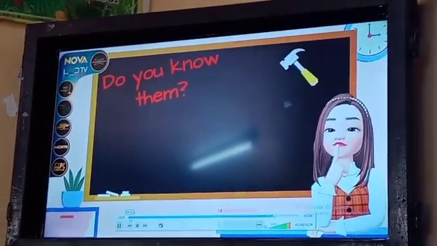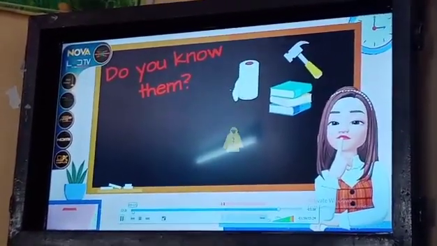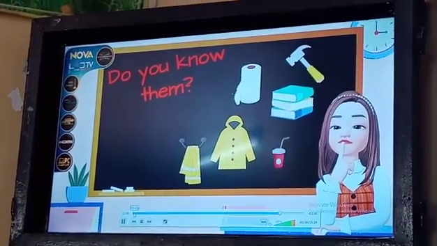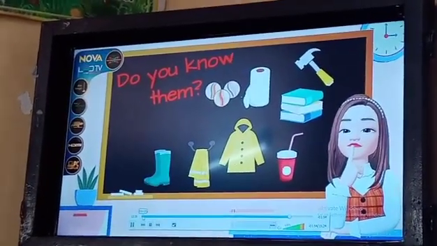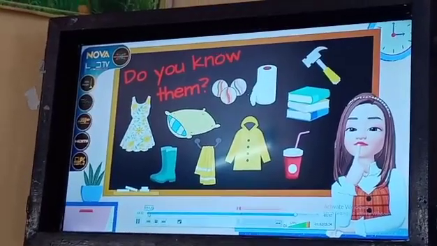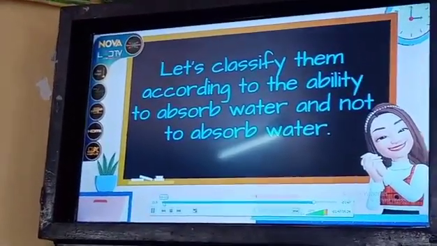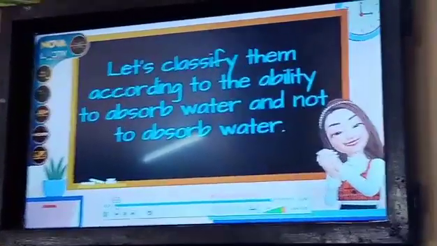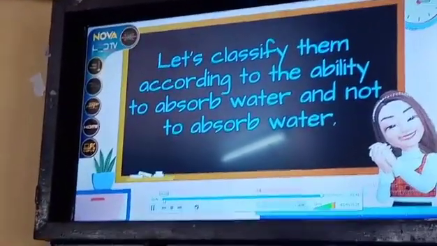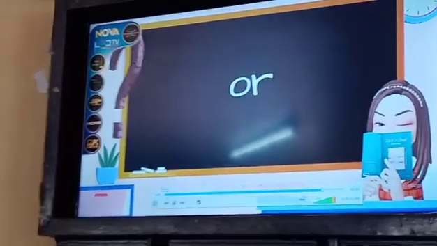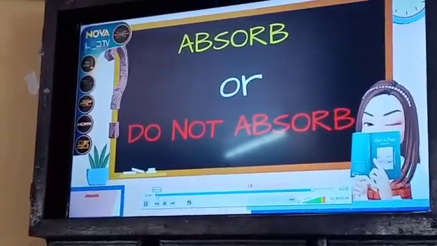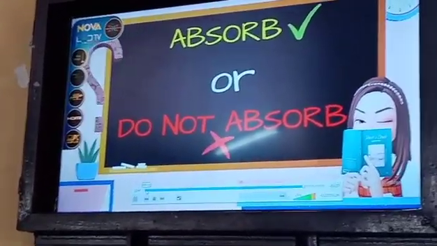So do you know them? Okay, try to look at the pictures as shown. Let's classify them according to the ability to absorb water and not to absorb water. Or absorb or do not absorb.